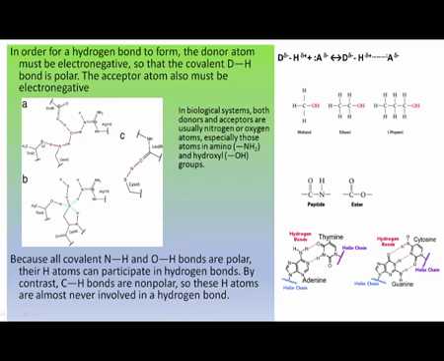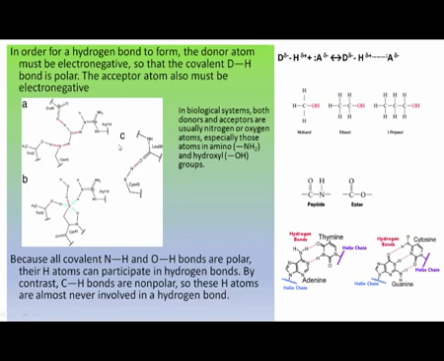So, the oxygen is electronegative, this is the donor, this is electronegative, and hydrogen is bound to another electronegative atom. So, in order for a hydrogen bond to form, the donor atom must be electronegative, so that the covalent D-H bond is polar, and the acceptor is also electronegative, as is shown in this particular case.